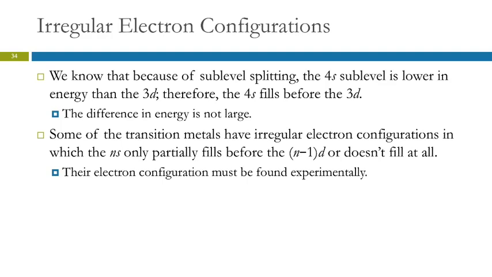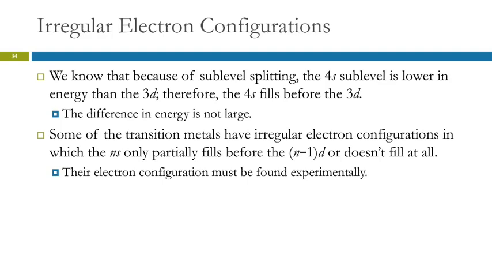So, the pattern is also lovely. Of course, there have to be exceptions, right? So with that sublevel splitting, the 4s sublevel is lower in energy than the 3d, but that energy difference is actually quite small.